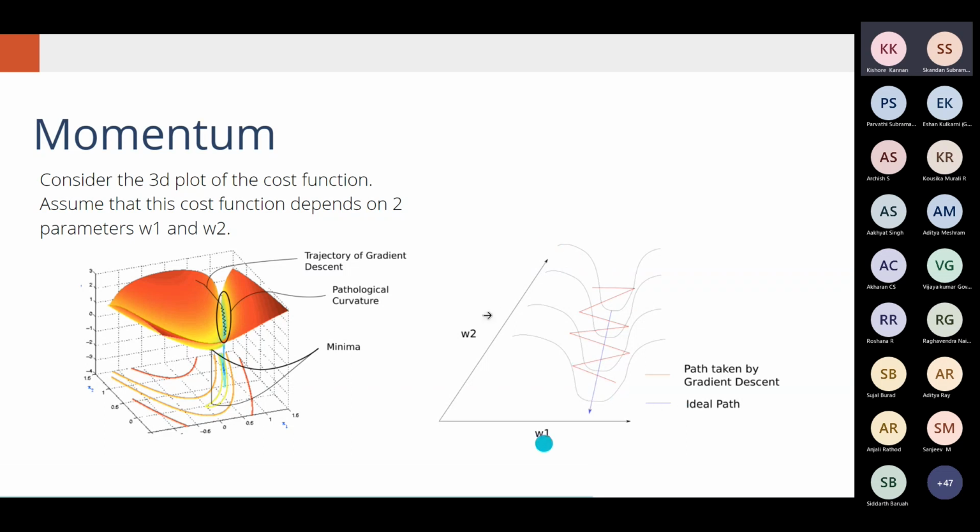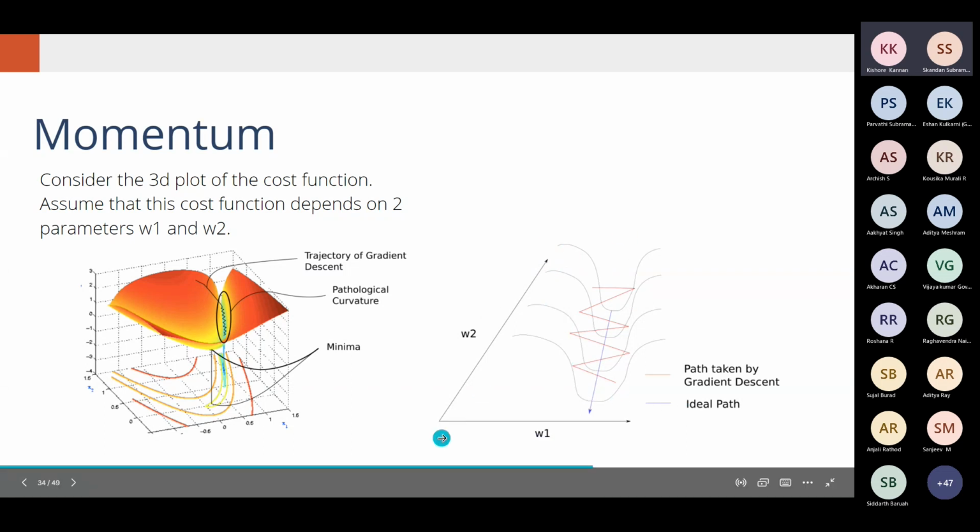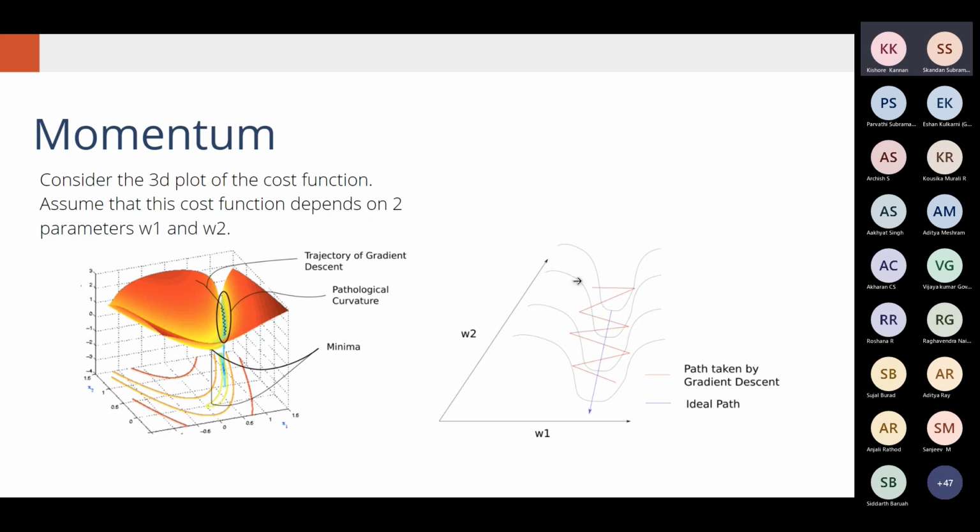This is the loss function, and we have two axes, W2 and W1. Okay, what do we do in gradient descent now? In gradient descent, we take a random point, and then we move in the direction opposite to the gradient vector to reach the minima.